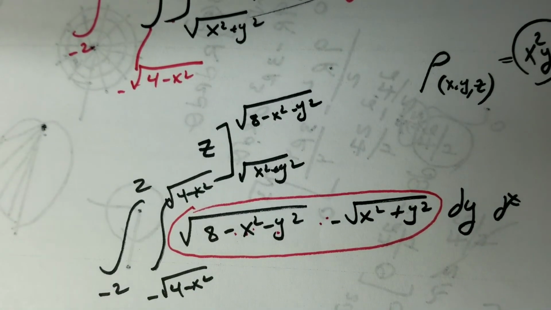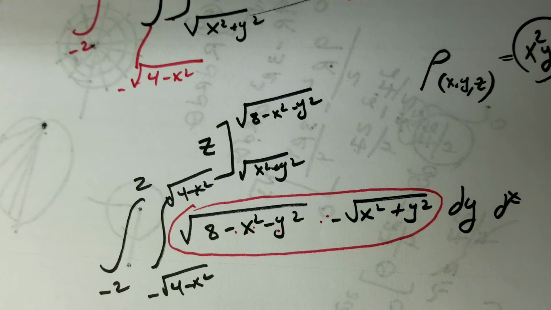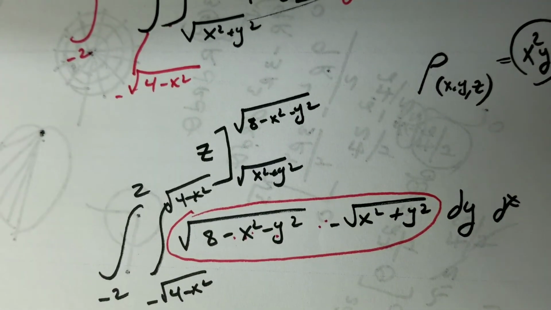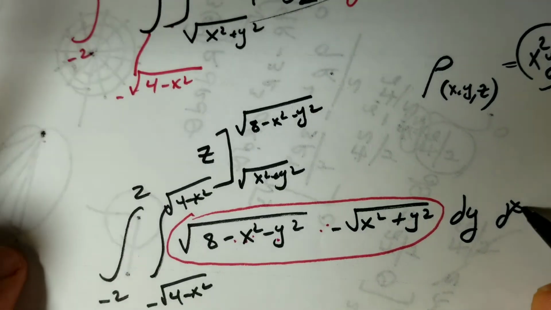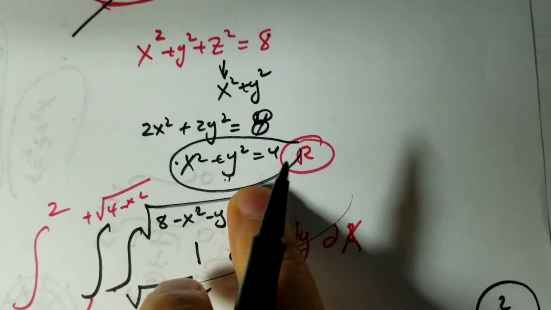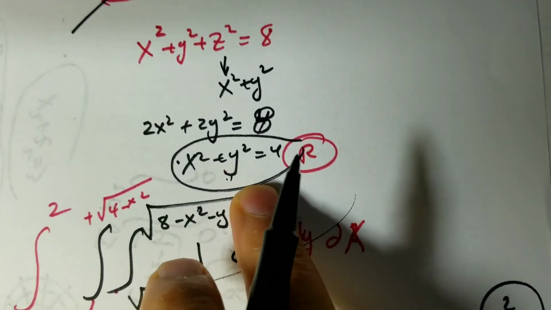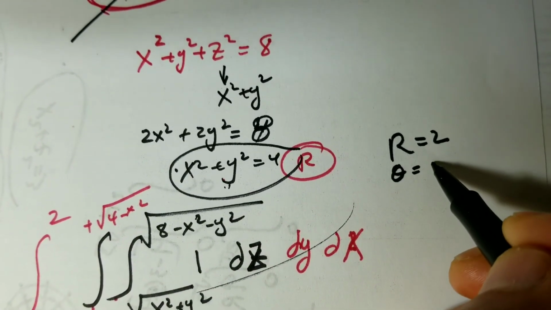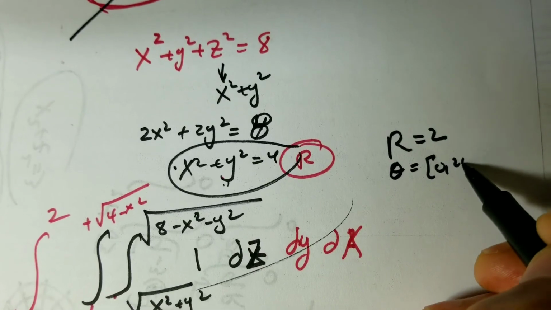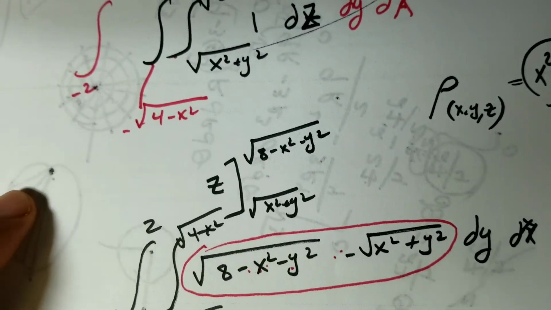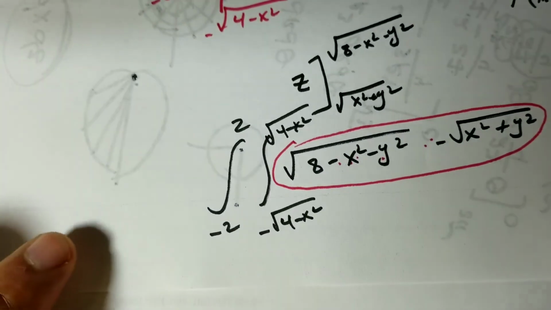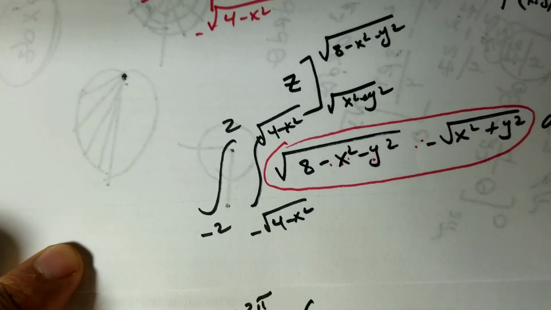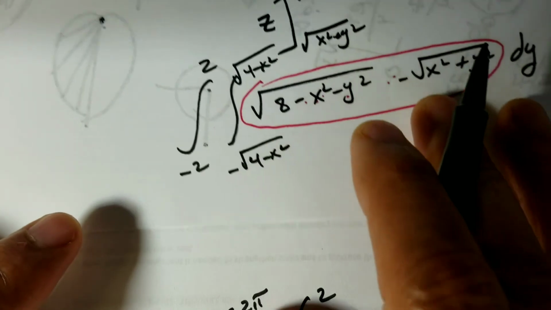That's going to be very tough. But what was my region? My region was x squared plus y squared equal to 4. That's round. Your r goes up to 2, and your theta is from 0 to 2 pi. Therefore, I'm going to change this to polar form: theta from 0 to 2 pi, and r from 0 to 2.